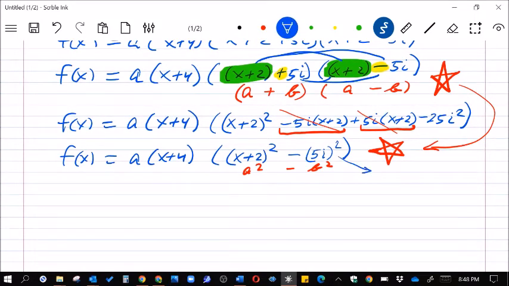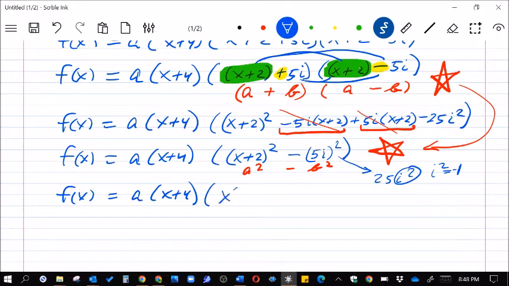Here, in this case, we have 25i squared. i squared equals -1. Since that's -1, we have a -25. At this point, I'll also multiply out the x plus 2 squared. So it's x squared plus 4x plus 4. Now here I have minus -25, because this i squared will apply to the 25 as a -1.